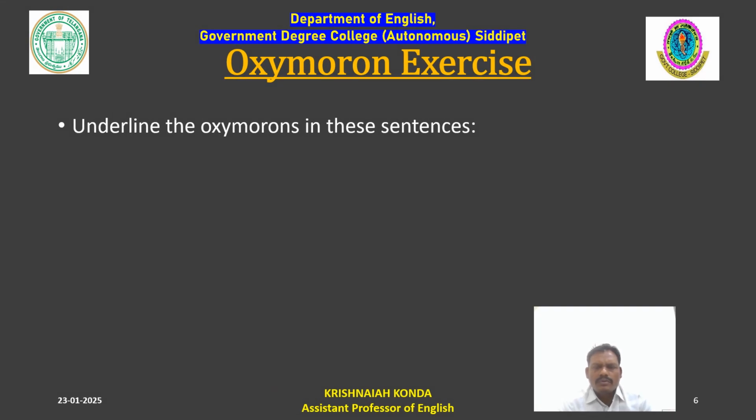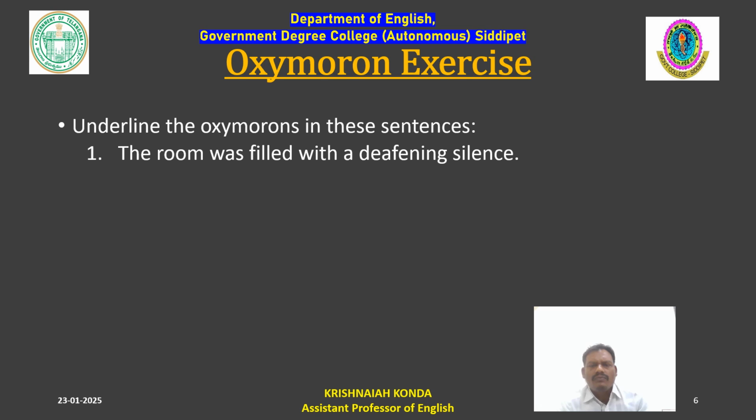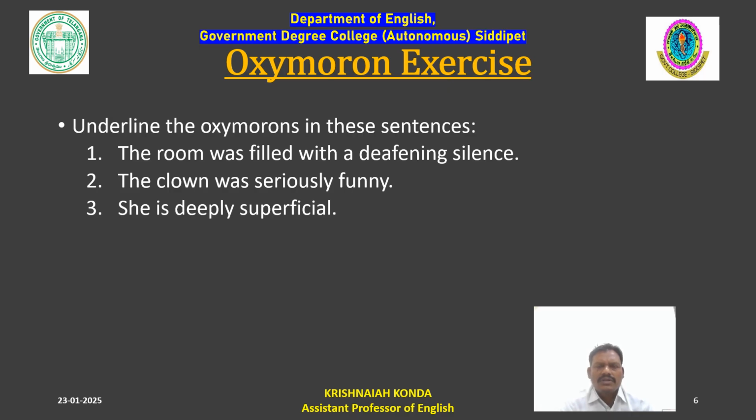Let's do an exercise. Here is a quick exercise. In these sentences, underline the oxymorons. First one, the room was filled with a deafening silence. Second one, the clown was seriously funny. Third one, she is deeply superficial.